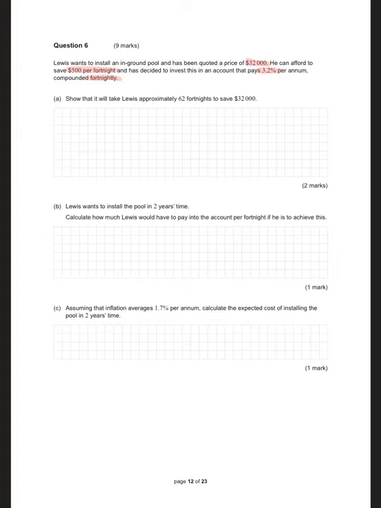So we're finding N. The interest rate is 3.2. PV, it doesn't say he's starting off with anything, so nothing. PMT, we're told he's saving 500 per fortnight, so putting 500 in the bank, negative 500. FV, he's saving up for 32 grand. PY and CY are both fortnightly, so 26.